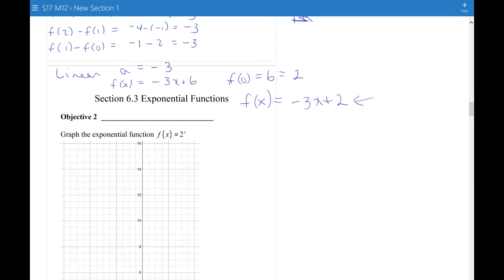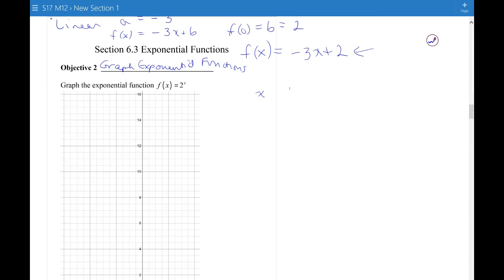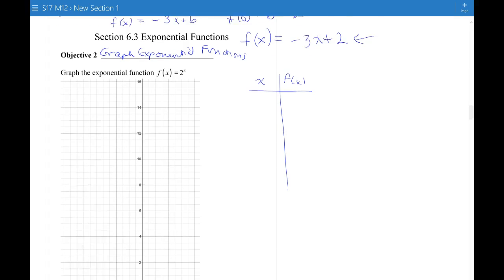So objective 2 is about graphing exponential functions. We need to be able to draw their graphs. It can help to make a little f of x table, and let's do a couple of values.